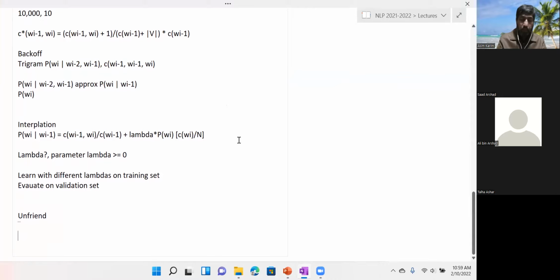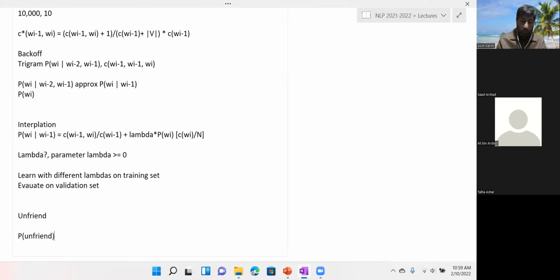So if it occurred in the test set, you won't have the probability of unfriend available to you. If you do not have this probability, what should you do? Do you assign a value of 0 to it? If you assign a value of 0 to it, then of course the whole computation of the probability would turn to 0 because there was one word that was OOV.